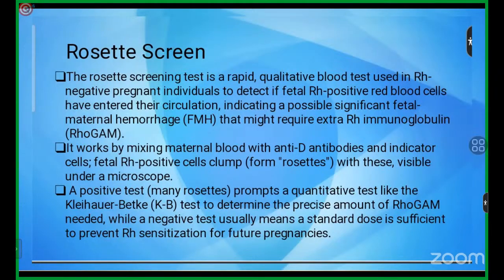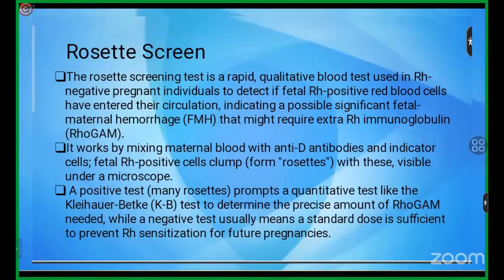That means the fetal cells, or Rh positive cells, have leaked into the mother's circulation. With the Rosette screen, you are able to see clumps that usually form rosettes, and they are visible under the microscope. When you mix maternal blood with anti-D and indicator cells, you will see these clumps, and when you see them under the microscope, then there is FMH.